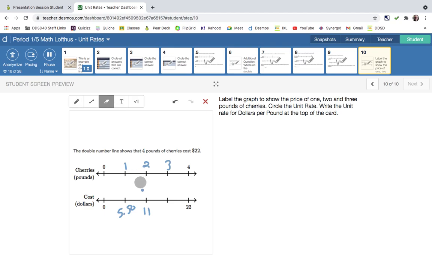I don't normally want to add to solve these, but in this case we can and get $16.50. So there's $5.50 between each of these spaces here. And so the unit rate in dollars per pound is $5.50 per pound for 1 pound, or per pound.